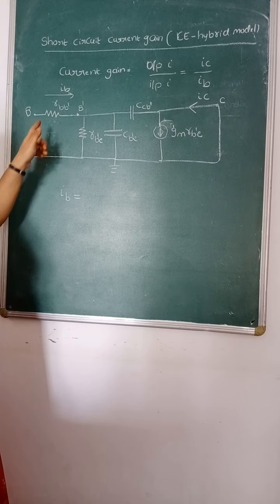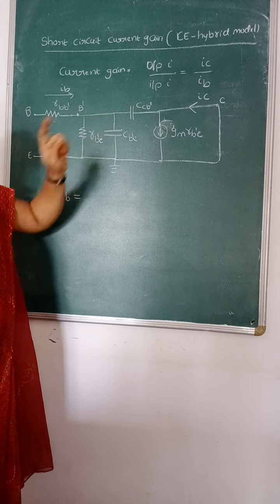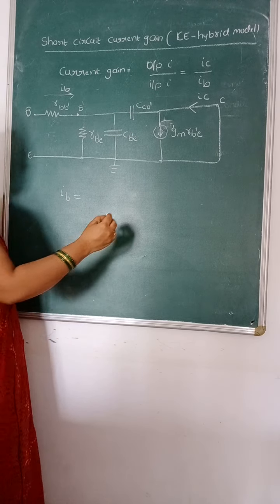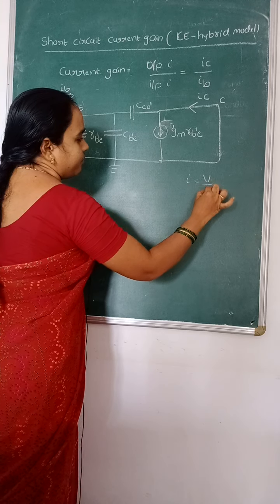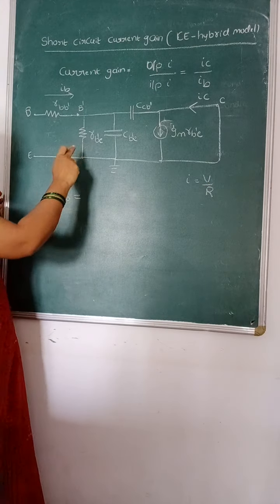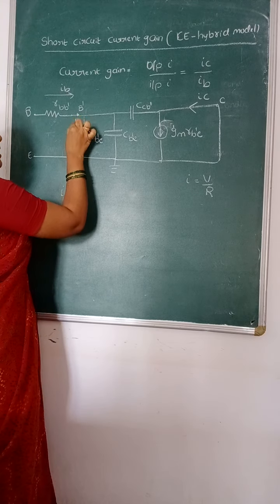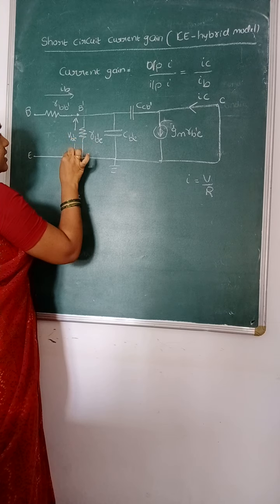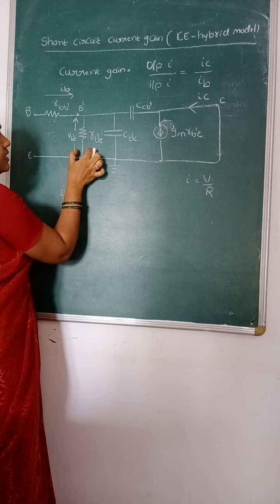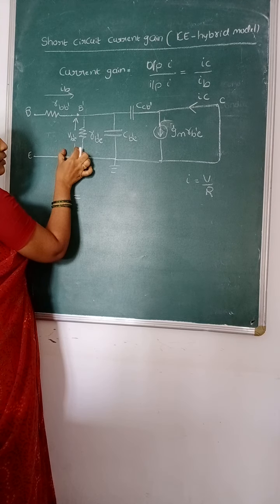What is the base current? It passes through this resistance and these two capacitances. According to Ohm's law, V is equal to IR, so I is equal to V by R. As in the previous classes, we have taken the voltage across this input resistance. This input resistance will also provide the input voltage.